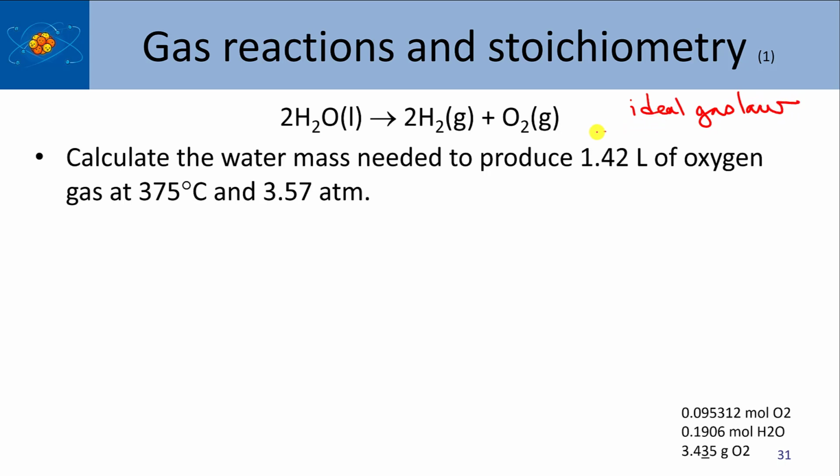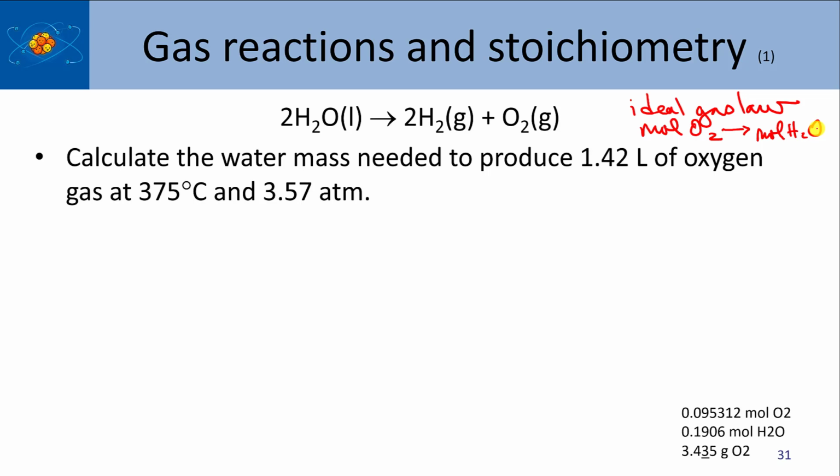And we're going to get to moles of oxygen, like this, right? Once you have the moles of oxygen, you can go to the moles of water using the mole ratio, and then from there you can go to grams.